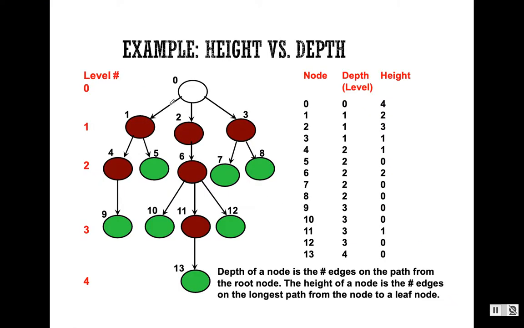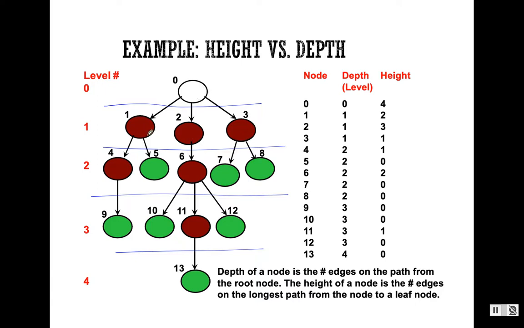All right, now let's look at this example. We can visualize the tree level by level. If we visualize the tree level by level, it is going to be easy to find the depth of each node. By level, I mean at the first level we have the root node, and in the second level we have all the children of the root node.